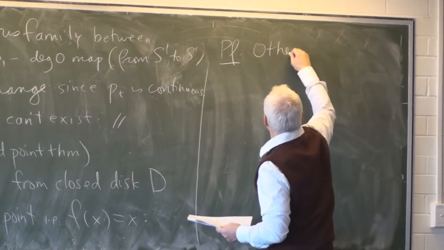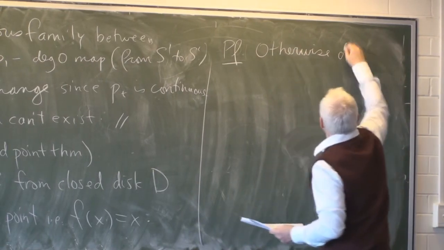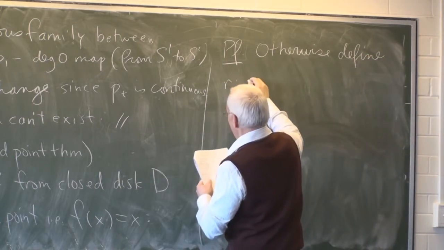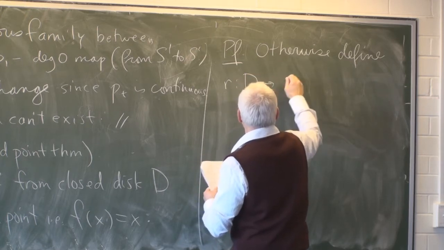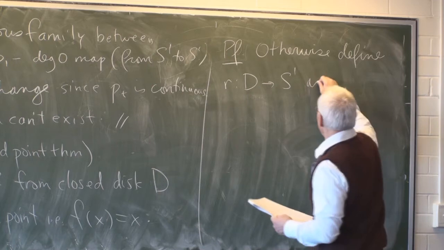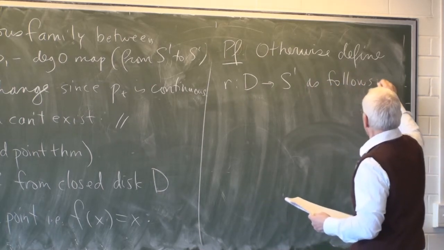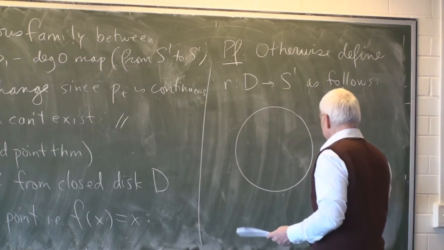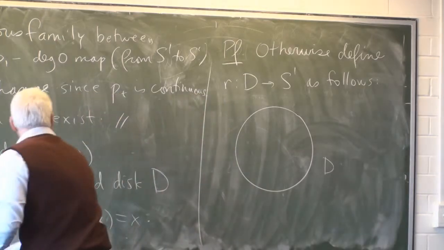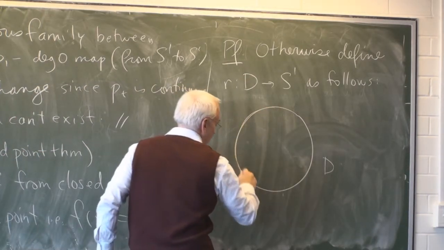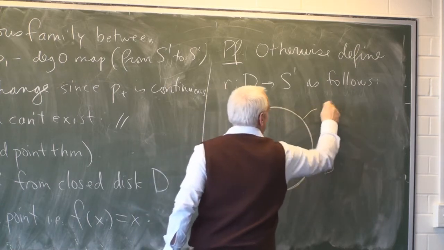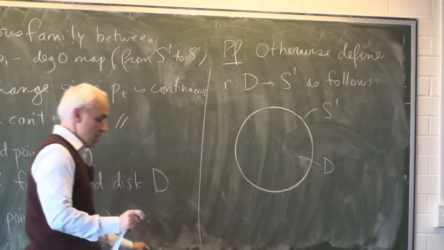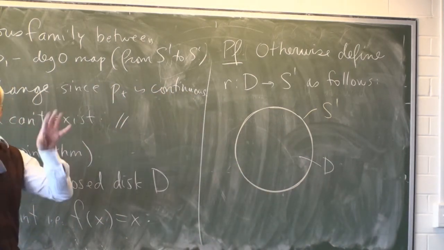Otherwise, define a map R from the disk to the circle as follows. So suppose there's our disk, the boundary being the circle, as before. All right, so we've got a map from the disk to itself.